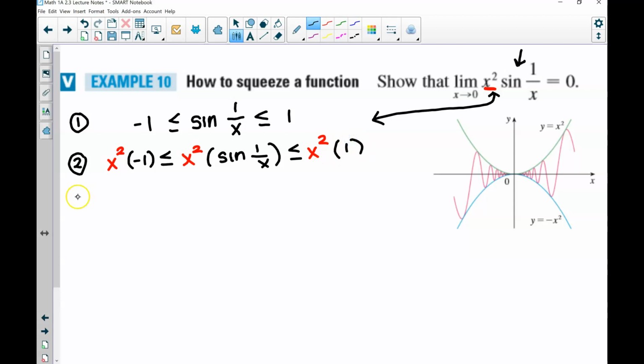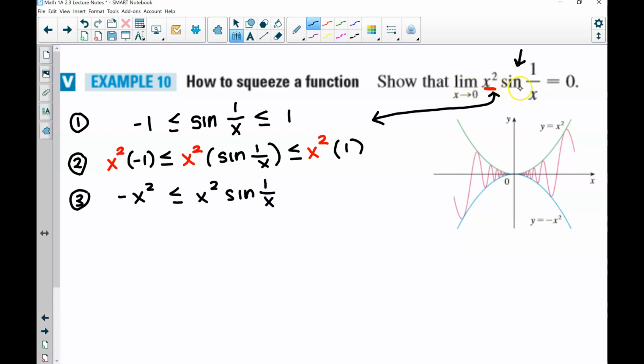Once we multiply that all out, we can write step 3. So now we end up with negative x squared, which is less than or equal to x squared times the sine of 1 over x.